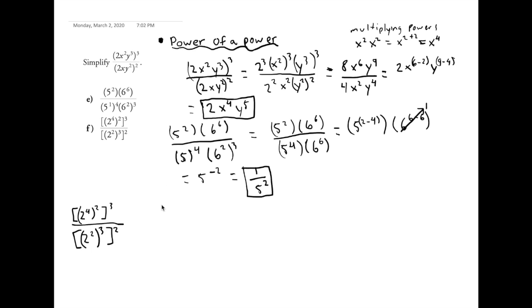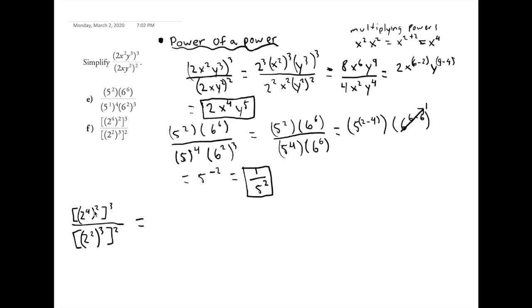Okay, so in the case of power of a power, you always want to start from the outside. You want to start from the furthest power. So what do you do in this case? Well, in the end, you're still going to be multiplying the same numbers, but just to make it clear for yourself, you want to start from the outside and move inward.